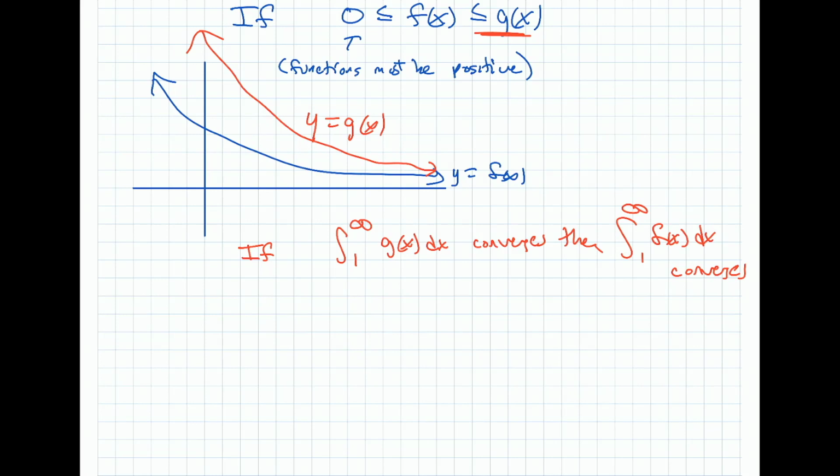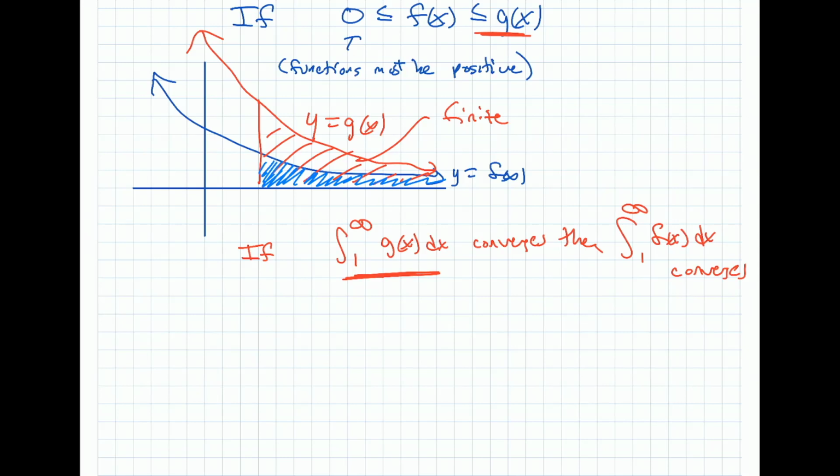that's the case is because if you think about it, the integral is an area, right? And so if I draw the area under the big curve and somehow that's finite, like if the area under the red curve is a finite number, let's say it's 10, then wouldn't the area under the blue curve down here also have to be less than 10?